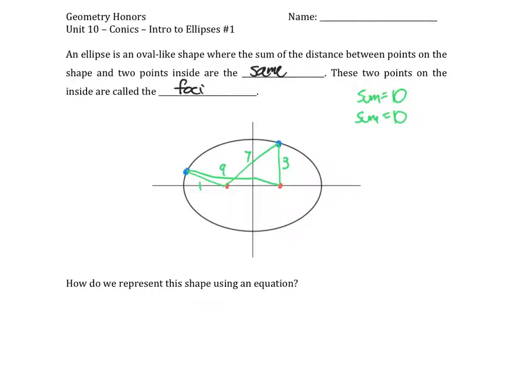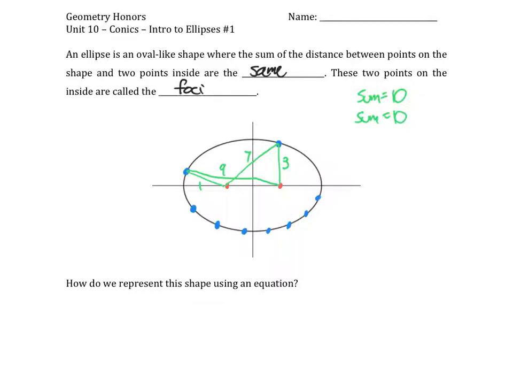Basically, what makes an ellipse is that if you take the distances from those 2 red foci to any point on this ellipse that I'm dotting in blue, the sum of their distances is always going to be the same. It doesn't always have to be 10, it just always has to be the same.